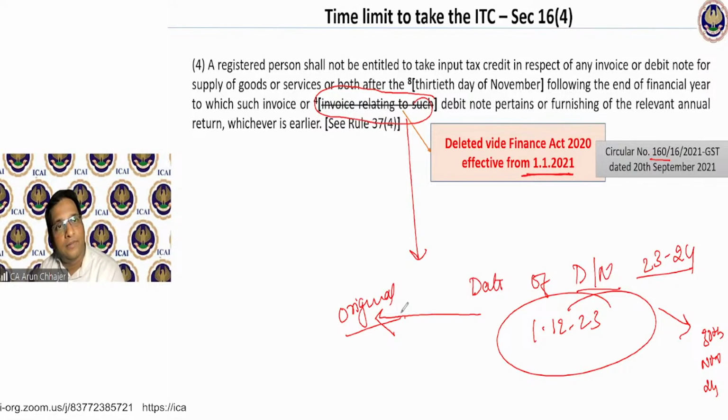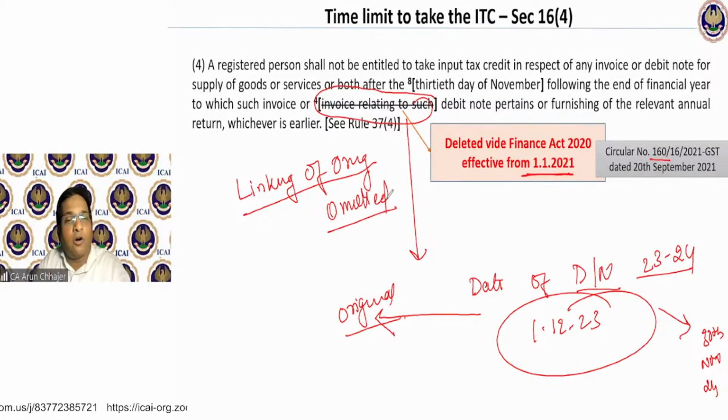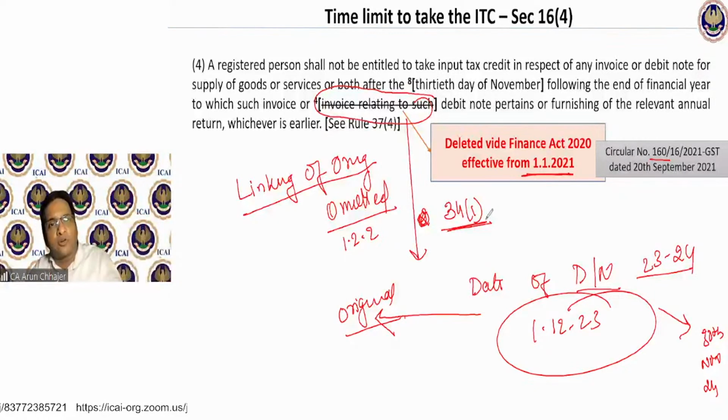Try to understand one thing. See, linking of the original invoice has been omitted from the law. In section 34 subsection 1, you can read that one or more credit notes, linking of the original invoice is not required with the debit or credit note.